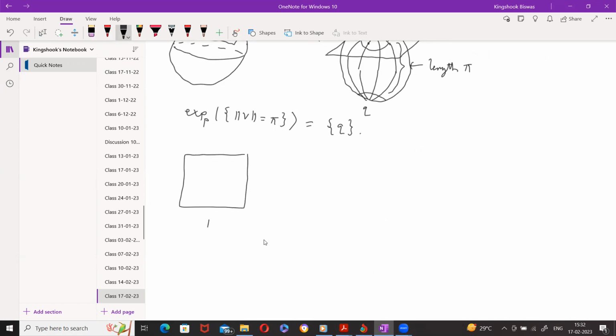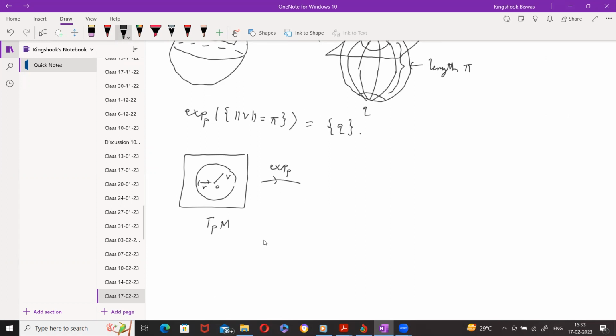I have my tangent space T_P M, I have my exponential map exp_P, and I'm taking a ball of radius R around the origin. I'm taking a vector V inside this ball. Then I look at the image of this straight line segment under the exponential map.